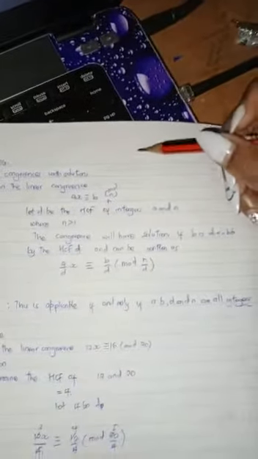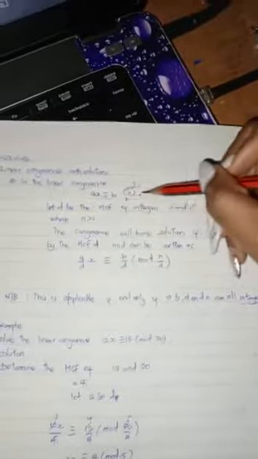Now, when we're solving linear congruences with solutions, we are finding solutions to linear congruency statements. For example, in the statement ax congruent to b modulo n, we want to find the solution to this linear equation.